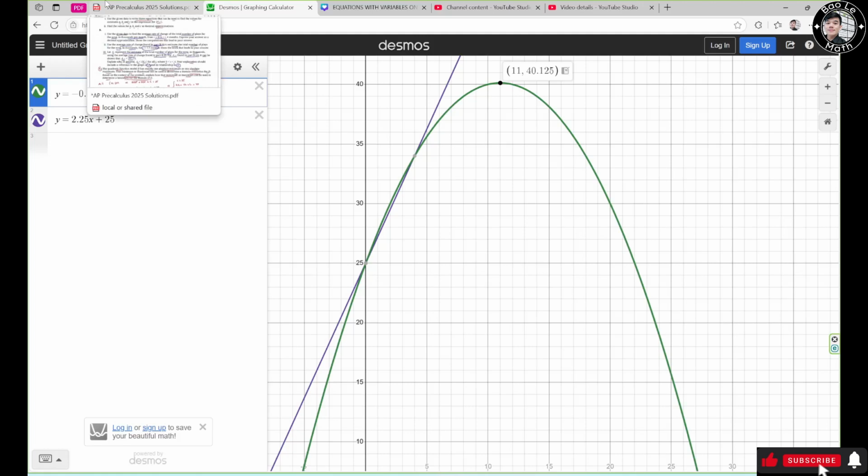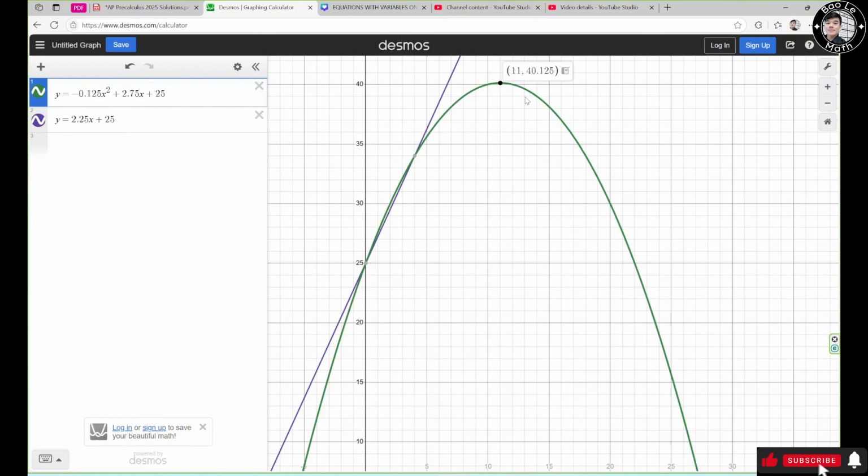So you need to say that the quadratic function D(t) has exactly one absolute maximum since a is less than 0. A equals negative 0.125 right here. To determine a domain restriction, we need to find the vertex. So the vertex is right here: s equals 11, y equals 40.125.